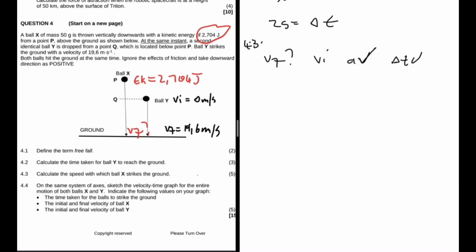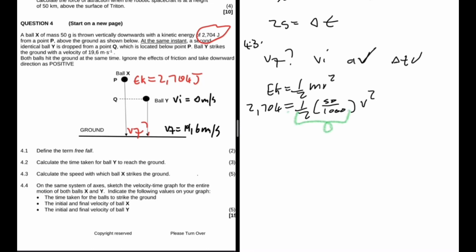But before that, we need to determine VI, right? So how are we going to determine VI? We're going to say that EK is equal to half mv squared. We know that EK is 2.704, which is equal to half the mass, and the mass is 50 divided by 1,000, times v squared. So dividing both sides by this expression, we get 2.704 divided by half, 50 divided by 1,000.